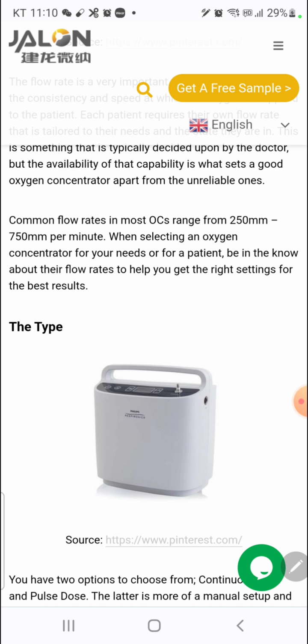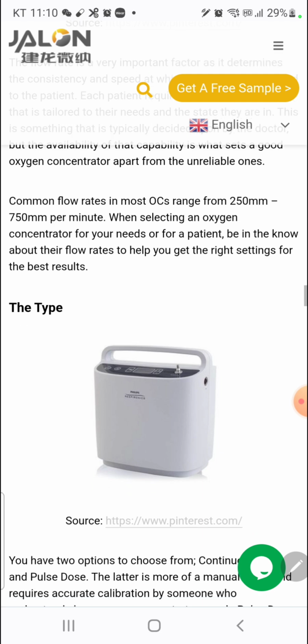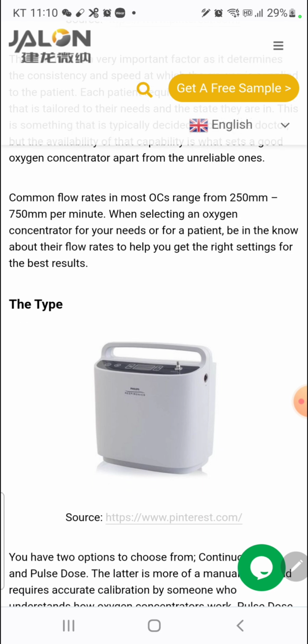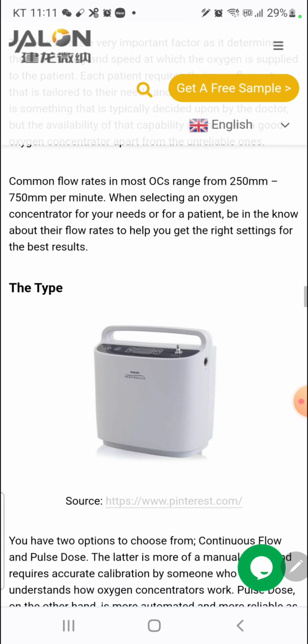Common flow rates in most OCs range from 250 milliliters to 500 milliliters to 750 milliliters per minute. When selecting an oxygen concentrator for your needs or for a patient, be in the know about their flow rates to help you get the right settings for the best results.